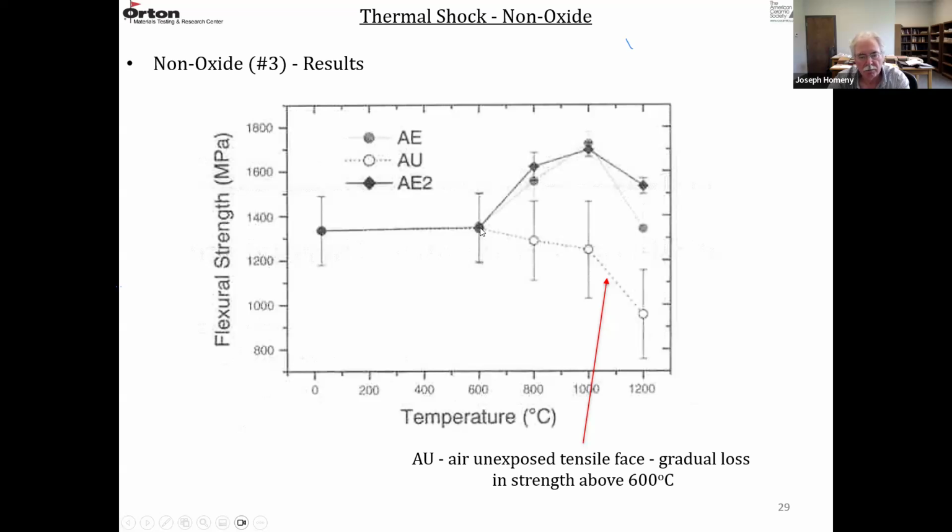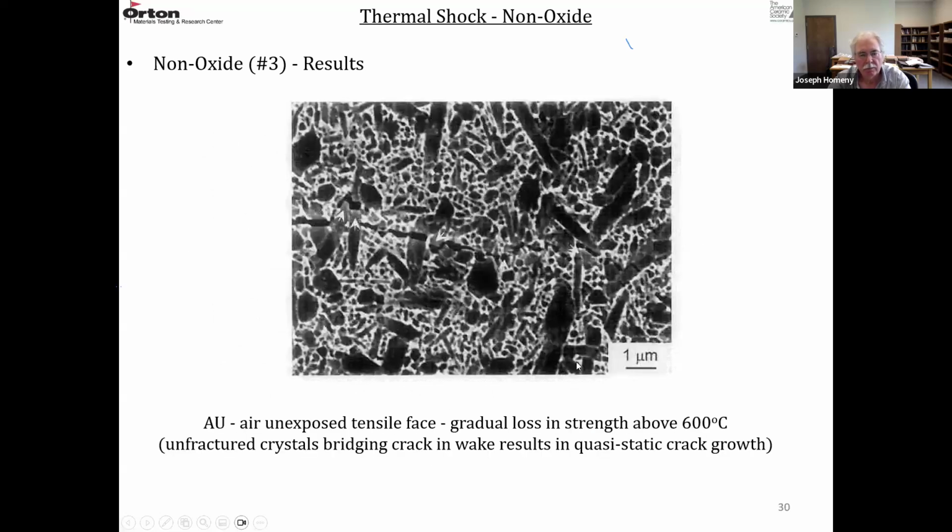So around 600 degrees C, it started to lose strength. So AU, air unexposed tensile face, had a gradual loss in strength above 600 degrees C. So no oxidation here and a gradual strength loss due to thermal shock damage. So in this sample that was unexposed to air during a tensile phase, it had a gradual loss in strength.